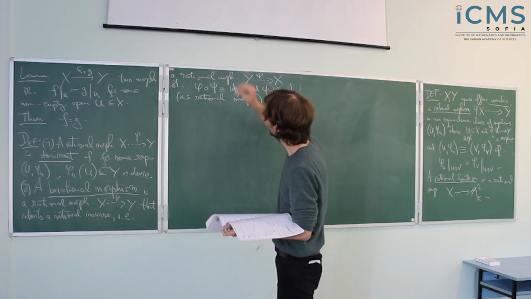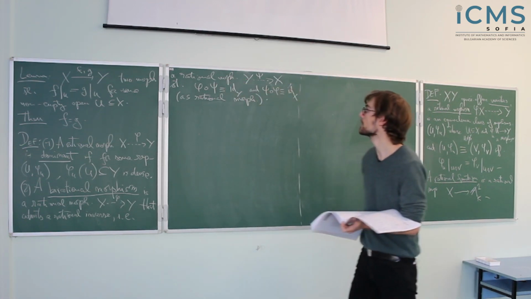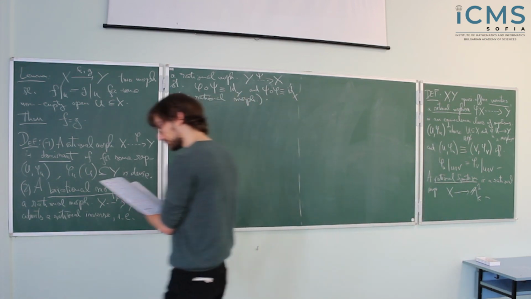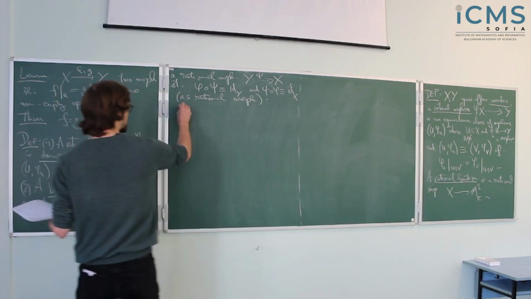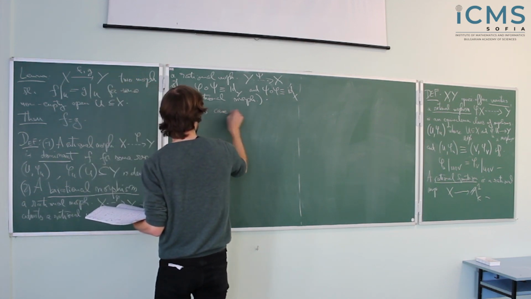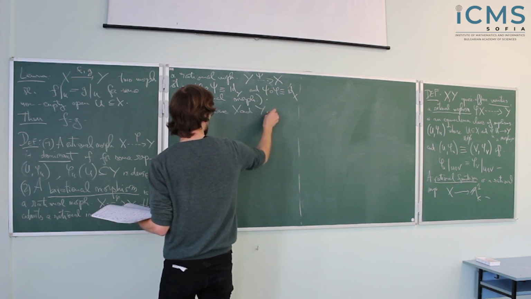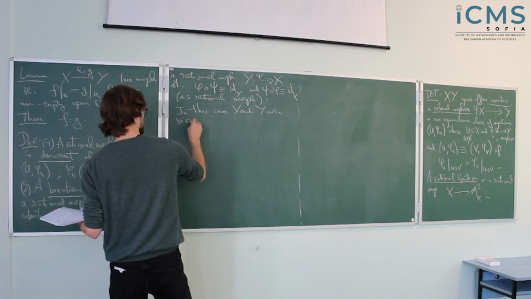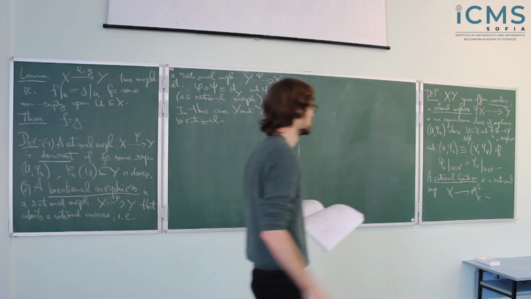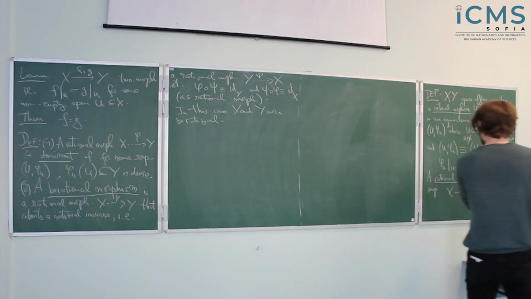So maybe just to insist that these are equivalence classes, I will take a triple equal. Okay. And in this case, this is the terminology. In this case, x, y are birational. Okay, so this is more or less a geometric logic notion.